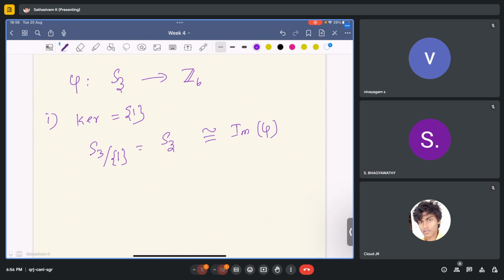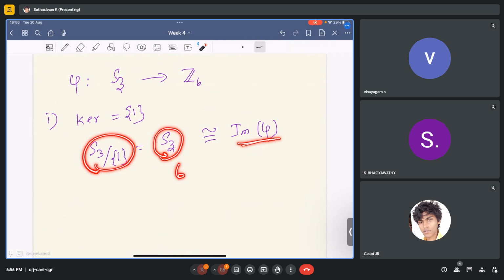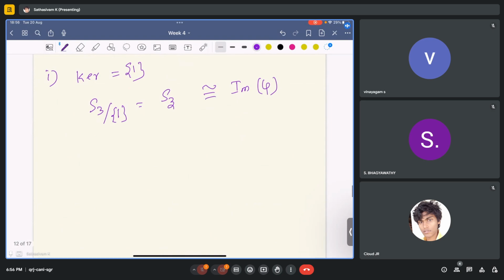So what is the image of φ? See, S3 has order 6, so the image of φ also has to have order 6. It's an isomorphism, which in particular means it's a bijection. So the size of S3 is 6, and because of the bijection, the image of φ also has order 6. And this image of φ is also a subgroup of Z6.